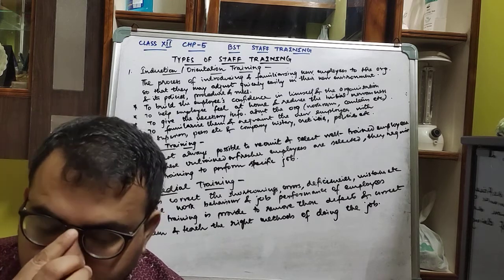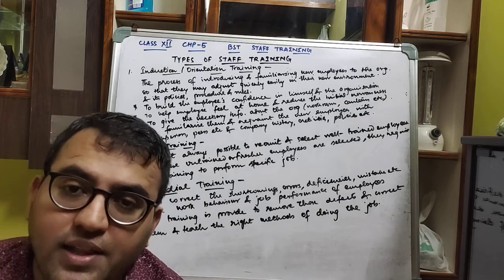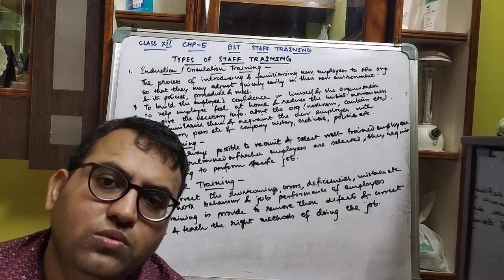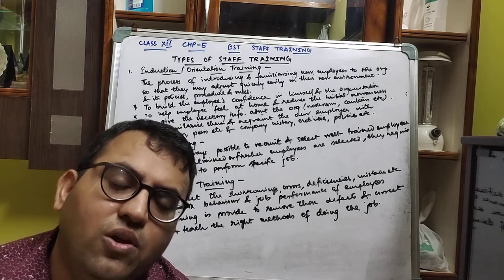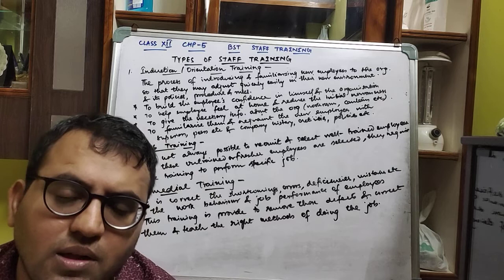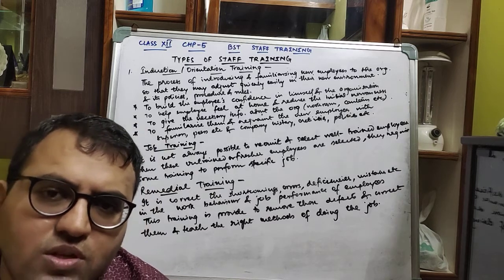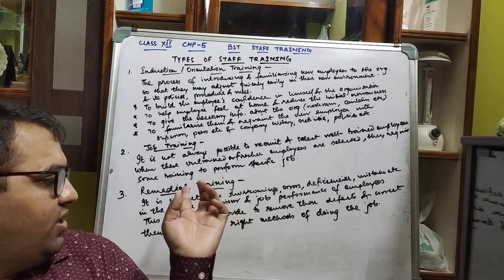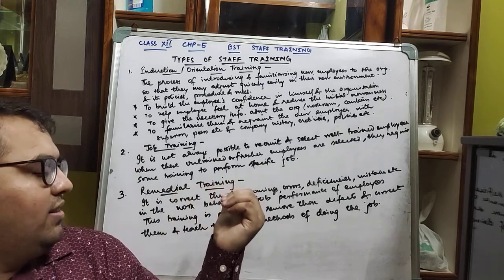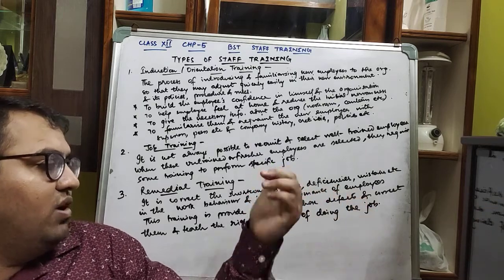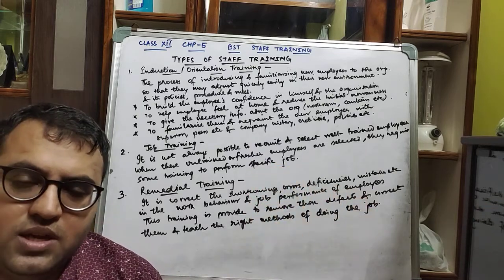So the employer has to provide the right solutions and all the correct measures on how to rectify the errors and mistakes so that the employees can perform their job well. So I've written here, it is necessary to correct the shortcomings, errors, deficiency, mistakes in the work behavior and the job performance.